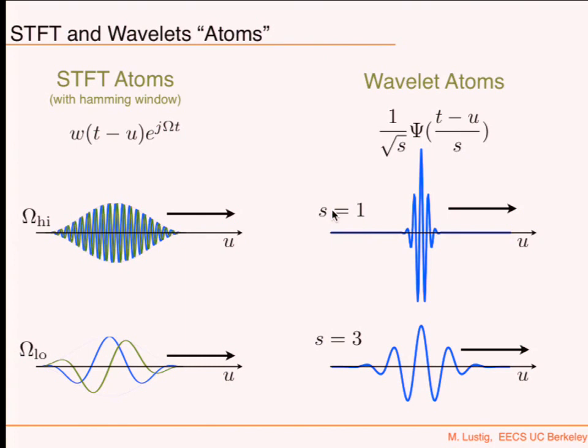Obviously, this kernel basis function atom has a lower frequency component than this one. Do you agree? How do you know? What's the easiest way to actually figure that out?